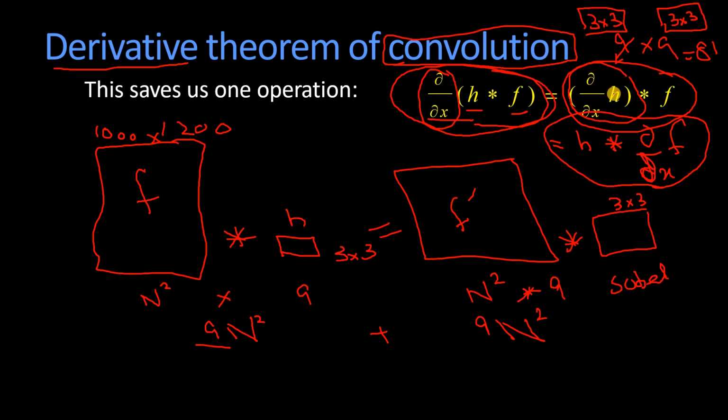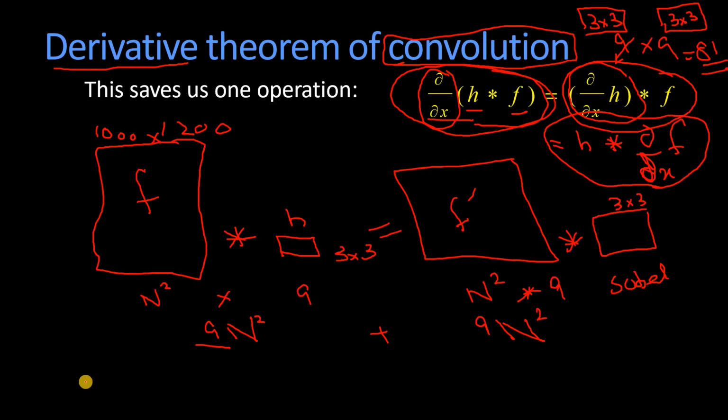So here what I am doing is I take the derivative of the mask, the kernel, and then this derived kernel I apply on the image. So this derived kernel will have a computation size of 81. Then I take this and apply it on the original image, which is f.